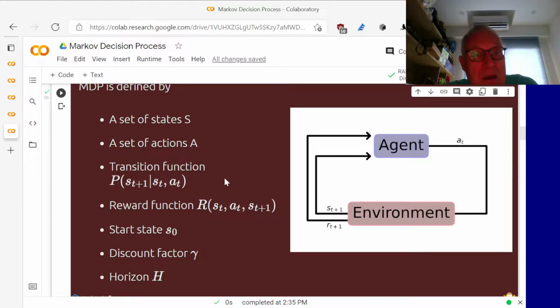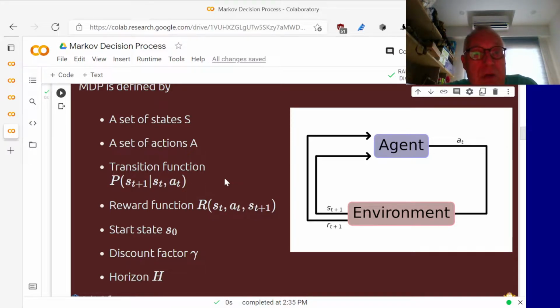So let's say the commands that we send to the robot fail with 2% probability, then our transition function is not deterministic anymore, because with 98% probability we will end up in the target state that we would expect, but with 2% probability the action will have failed and we stayed in the same state, that sort of thing.